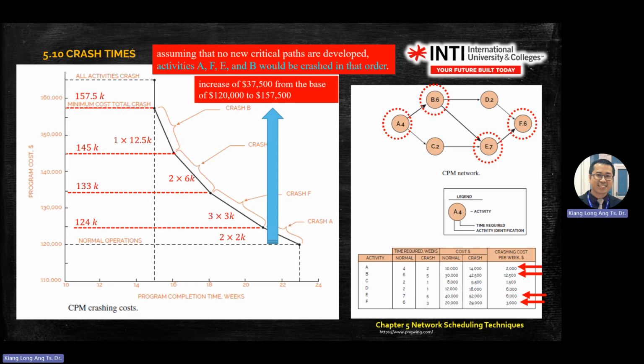If you crash all the processes, your cost will increase from 120,000 to 157,500, if all the critical path members fail or crash. A crashes for 2 weeks, B crashes for 5 weeks, E crashes for 5 weeks, F crashes for 3 weeks. The cost will increase.